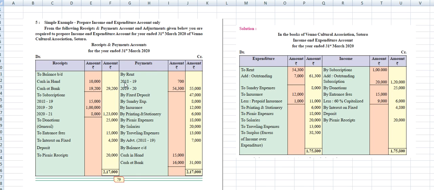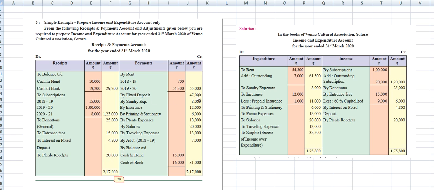On the payment side, we have rent. In rent also we need to take the current year 2019-20. The previous year 2018-19 portion is 700 rupees, plus 54,300 rupees of rent for 2019-20, so that is 55,000 rupees.